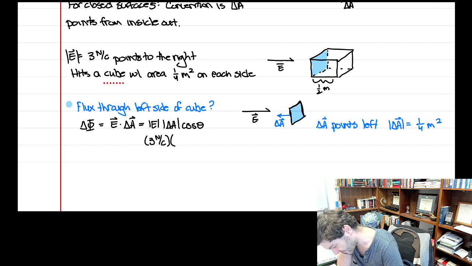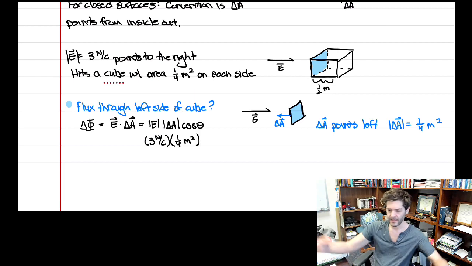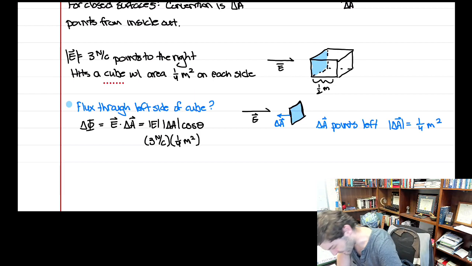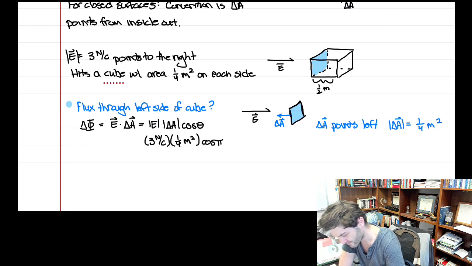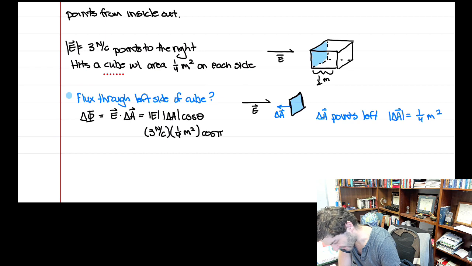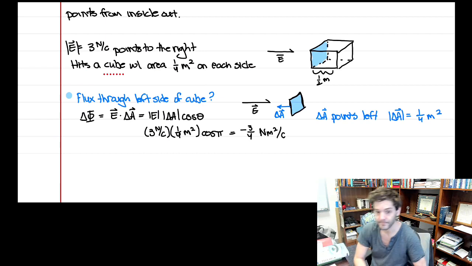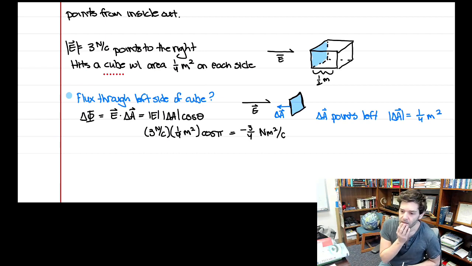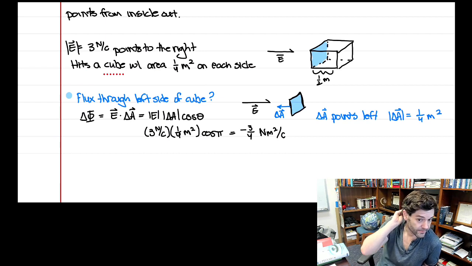The area of that slab is 1/4 meters squared. The angle between them looks like it's 180 degrees. So cosine of pi radians, which is just -1. So this is negative 3/4 newton meter squared per coulomb. And that is the flux through that surface.